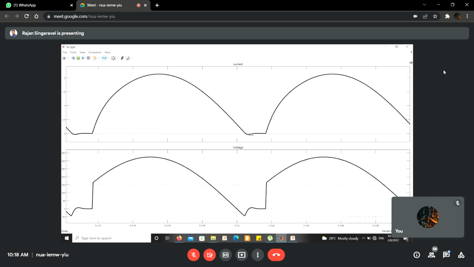I will write all these things on the board now. The next set of thyristors is waiting to receive the pulses at the next alpha. But in case alpha is less than the load angle phi, then the current will never become zero.